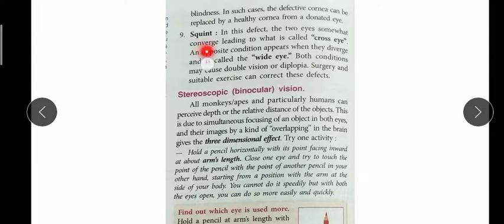Now the next one is squint. Squint means cross eye. Maybe you have seen a person with cross eye. Whenever we look at them, we can see that they are not looking straight, their eyes are not straight.